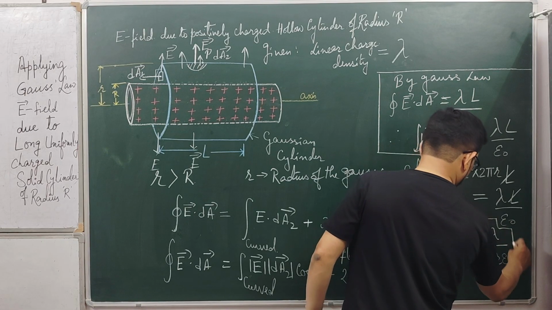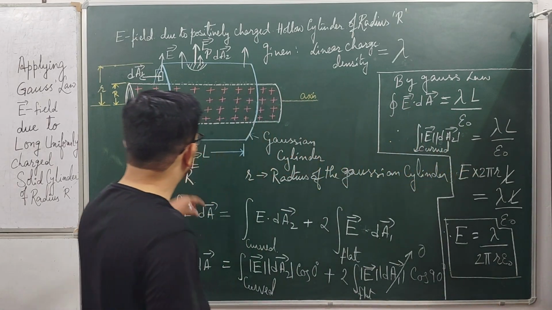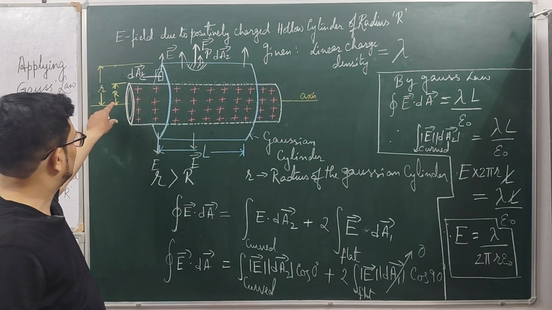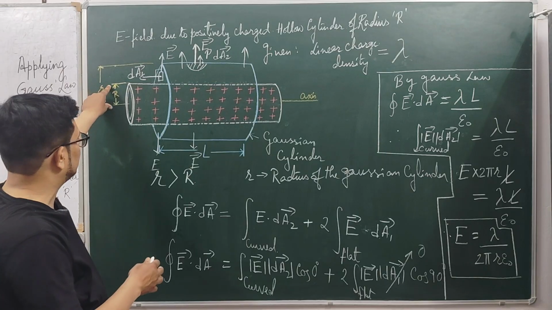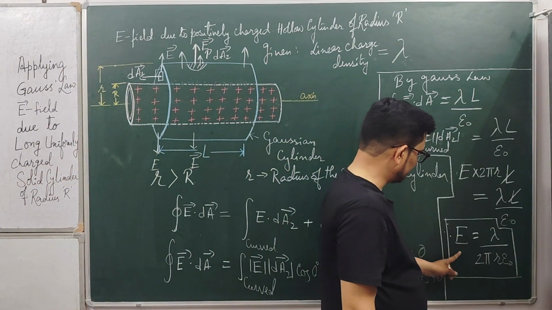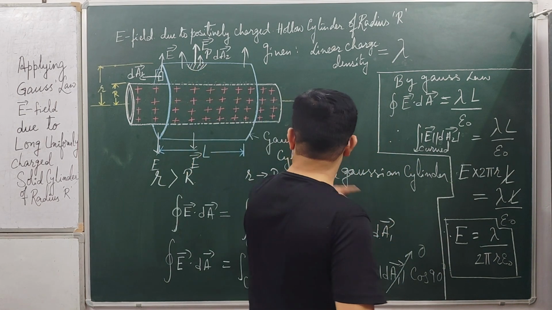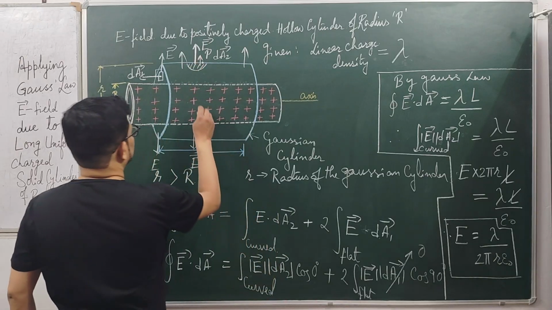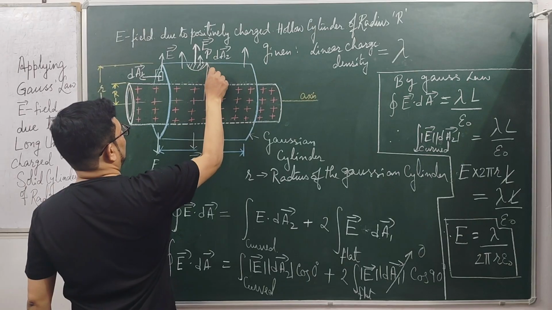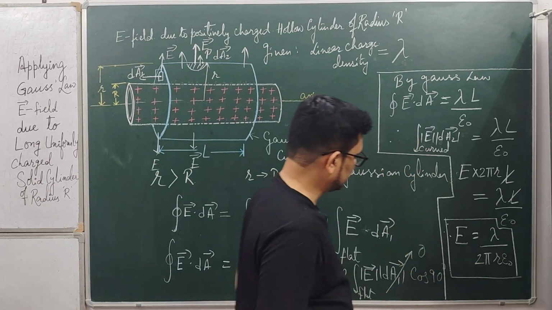So this is what we get as the net electric field because of this positively charged hollow cylinder with radius capital R. So we get the electric field at point P, which is at a distance small r, which is constant over it, equal to lambda over 2 pi r epsilon naught.